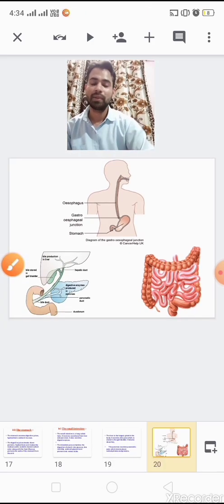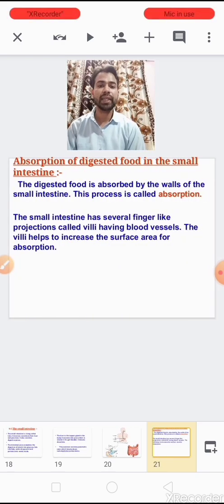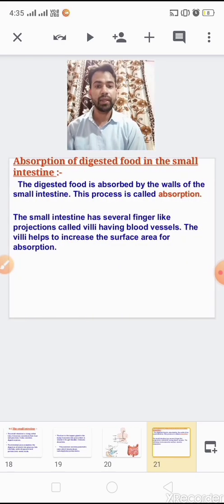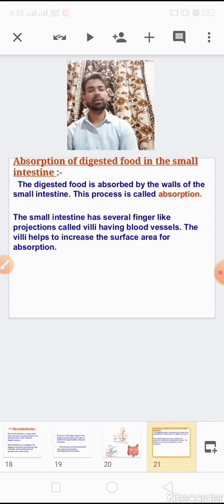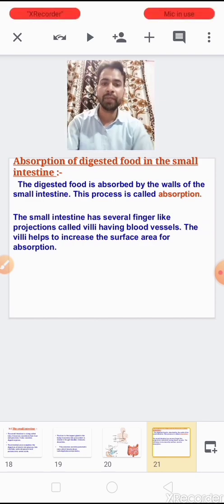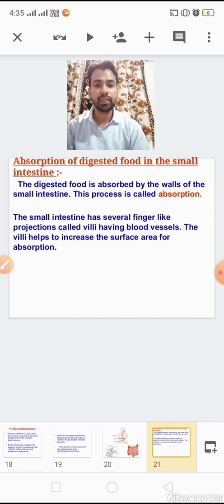Now the next part of the alimentary canal is the large intestine. But before we start the large intestine, we'll discuss the process of absorption.